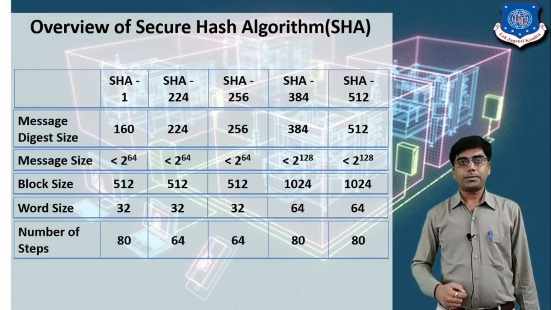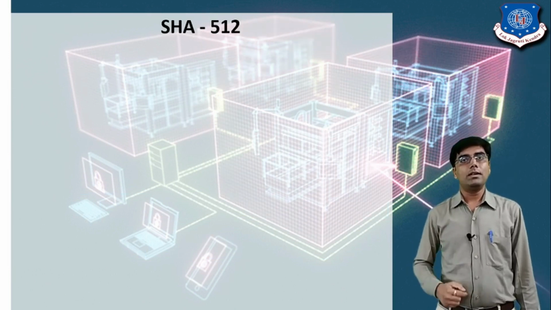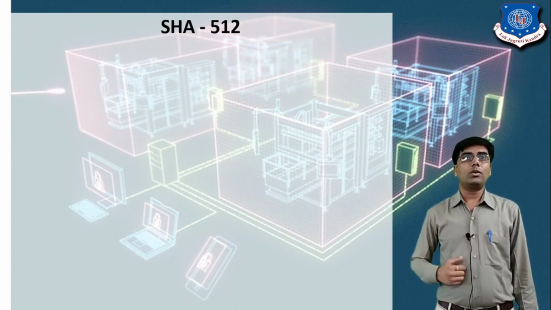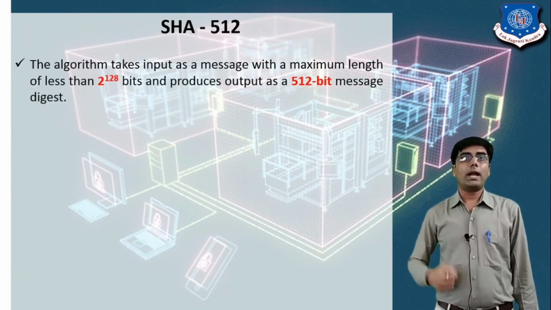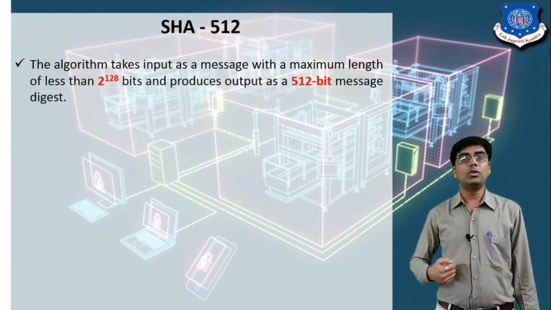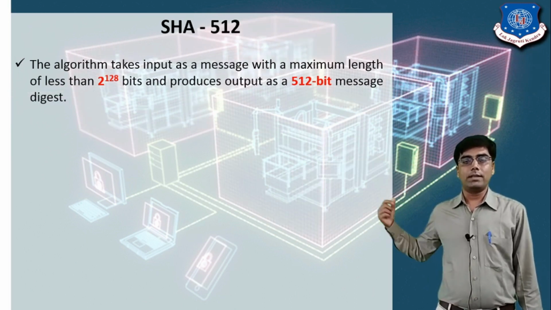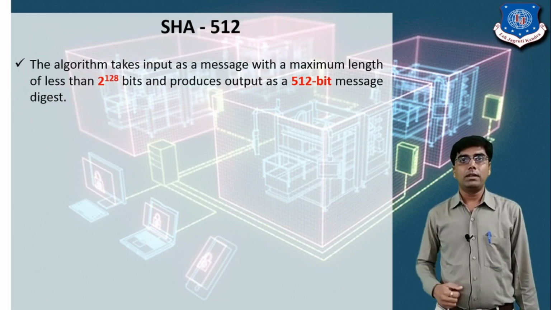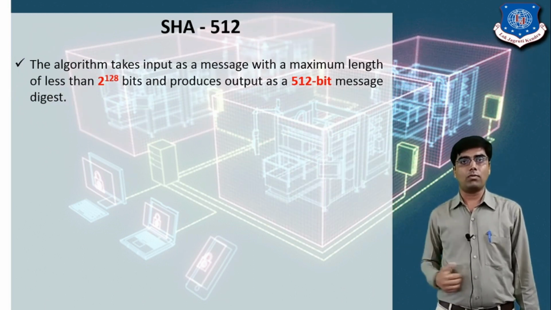So this is all about the different variants of the secure hash algorithm. Then we consider our input size. The maximum length of the input of the algorithm is less than 2^128, and it produces a 512 bit message digest, or hash code, or hash value.